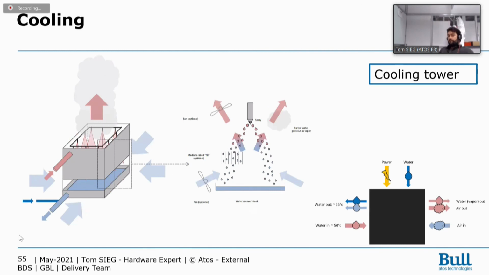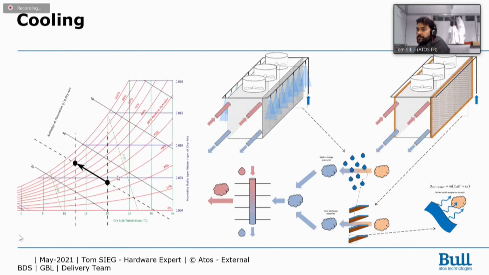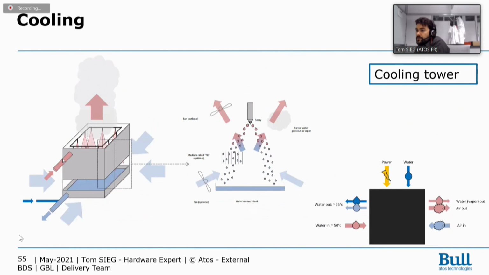Another part of the system is the cooling tower. The cooling tower is exactly the same principle as this one. Just this time, we will push water from the data center directly to the spray.